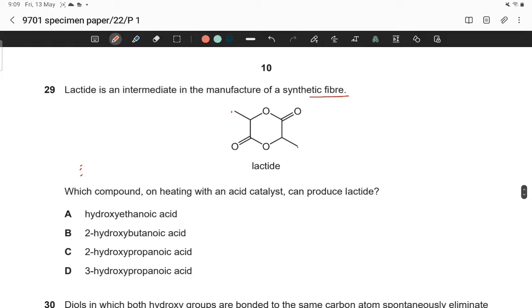So next, lactide. Lactide is an intermediate in the manufacture of synthetic fiber. Which compound on heating with an acid catalyst can produce lactide?